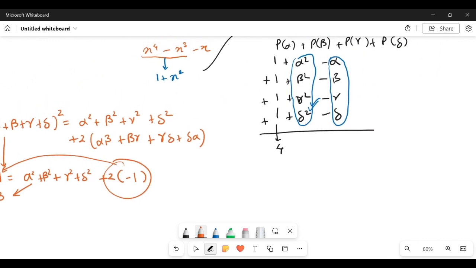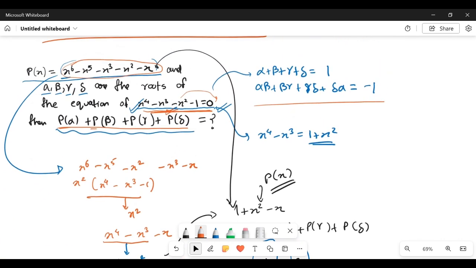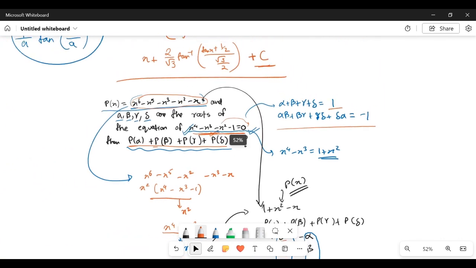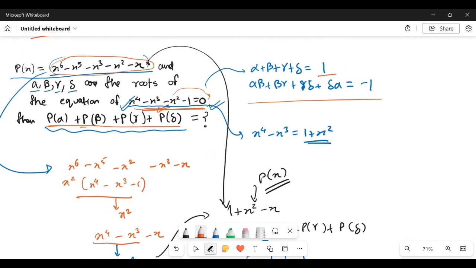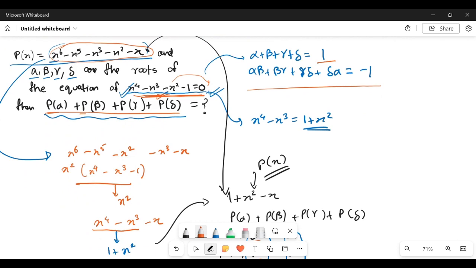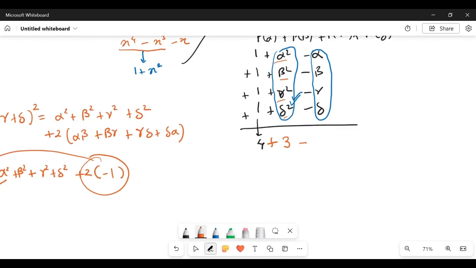We get here alpha square plus beta square plus gamma square plus delta square, that is 3. And what is alpha plus beta plus gamma plus delta? We can see here, it is simply 1. So that is what we're going to do, and the answer is simply 6. So that is the final answer.